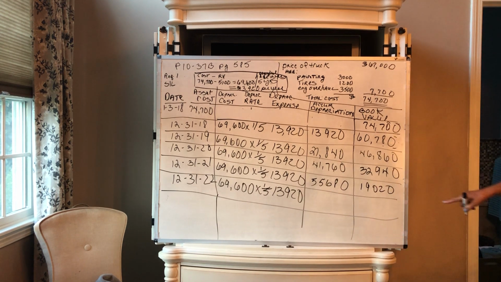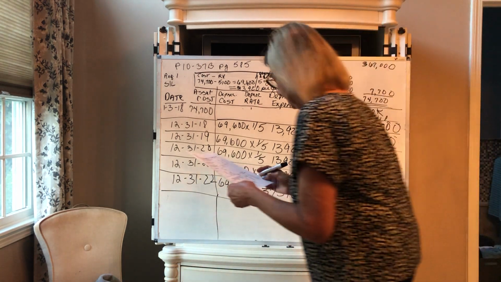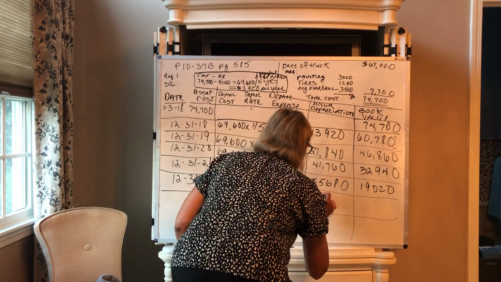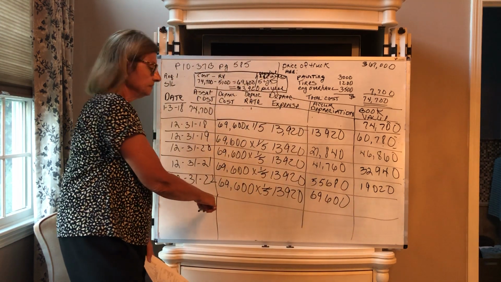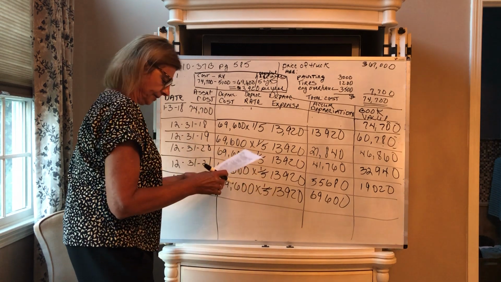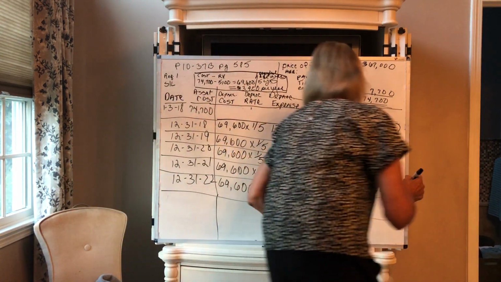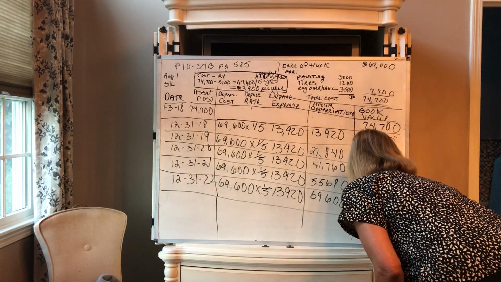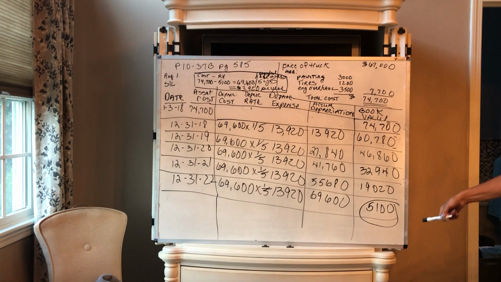The final year of depreciation, year 5, we're adding the 13,920 to the 55,680. We got 69,600. It's fully depreciated, notice. And what you end up with is 5,100. Always the residual value will be the last column, the end of the last column, because you can't depreciate it.